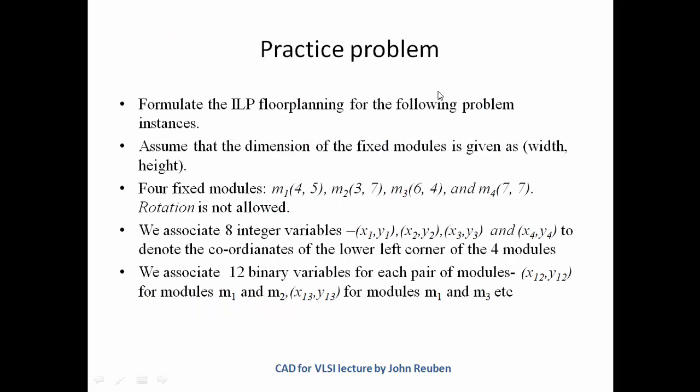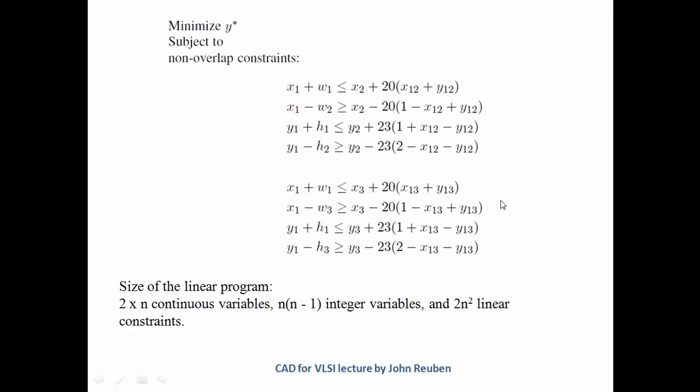The total width of the floor plan in this case, you can see here, it's 4 plus 3 plus 6 plus 7, that comes to 20, and the total height of the floor plan you can calculate, that will come to 23. So that is what he has represented here.